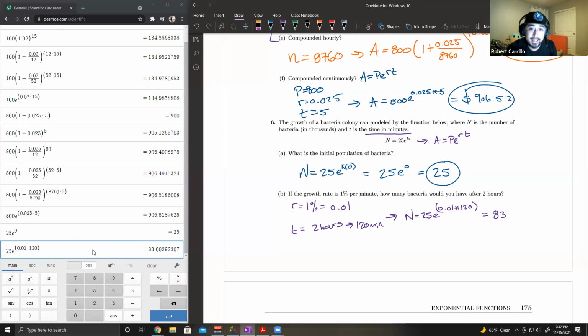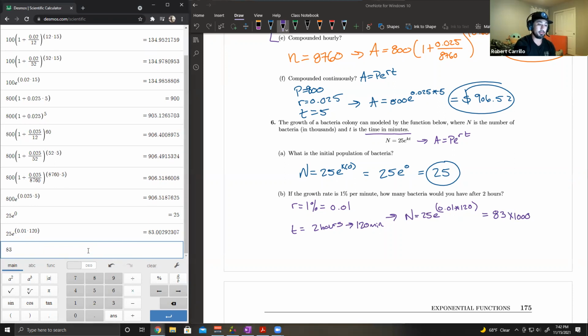It would be 83, but this is the number of bacteria in thousands. So not only would it be 83, but you would have to multiply it by 1,000. And this bacteria would actually grow to a colony size of 83,000 bacteria.